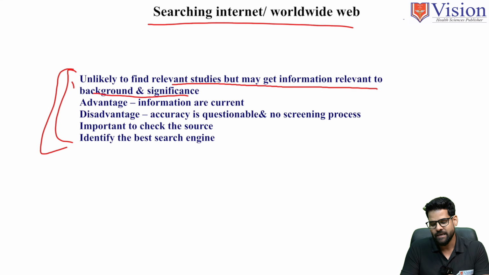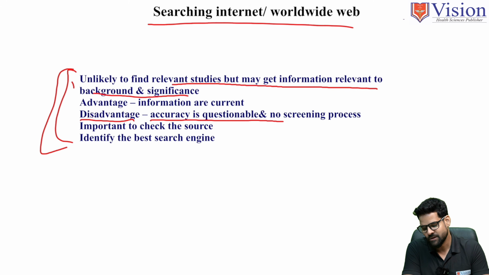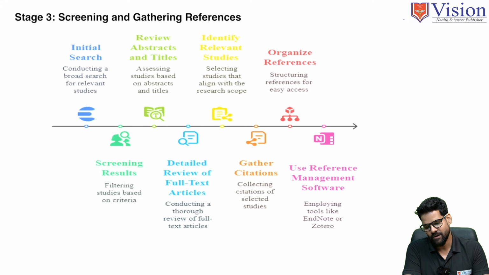That is why I say, if you go to some accredited database, your information would be more authentic. So the disadvantage of internet search is that accuracy is always questionable. That's a problem. It is important to check the sources from where it is available and identify the best search engine that is available to you.